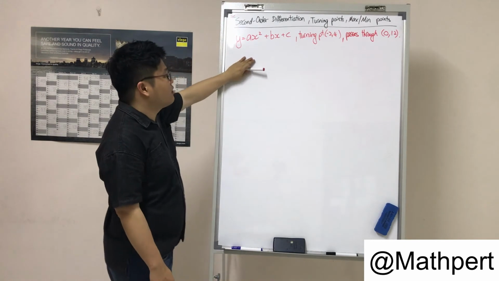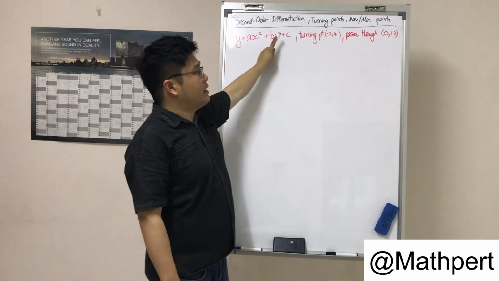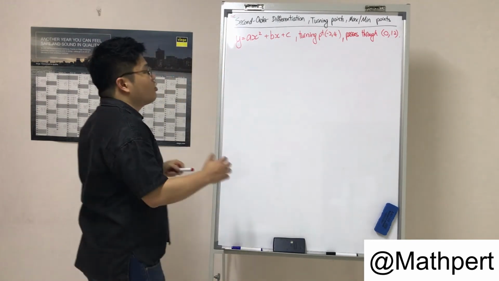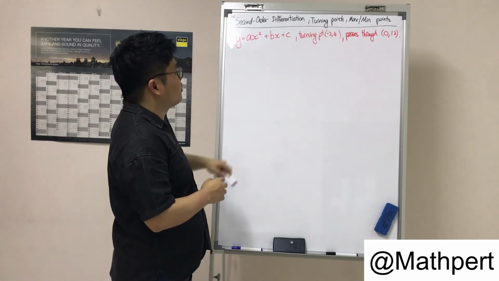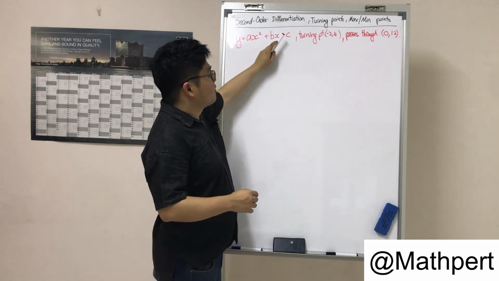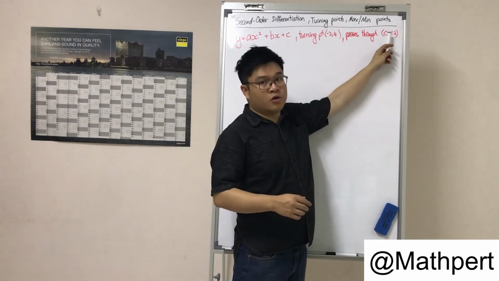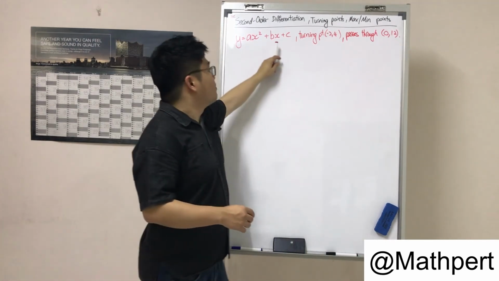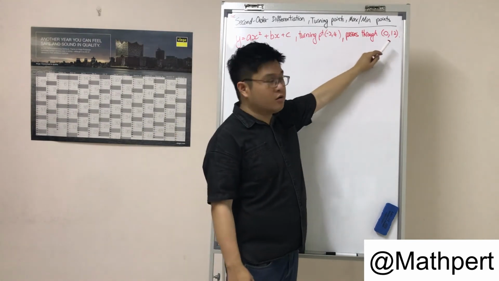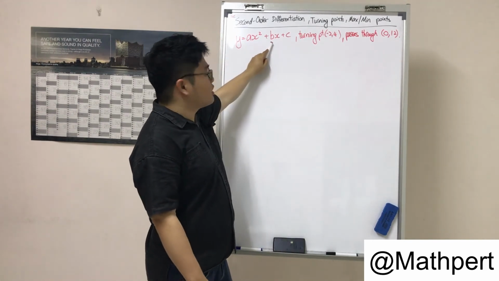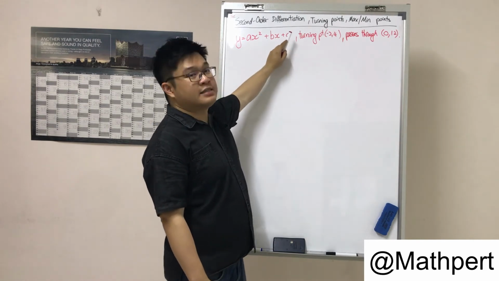So we are asked to find the values of a, b, c. So how do we find it? First of all, we use the point 0, 12 to find c. Why? Because when x equals 0, this term and this term become 0. Then we can find c.